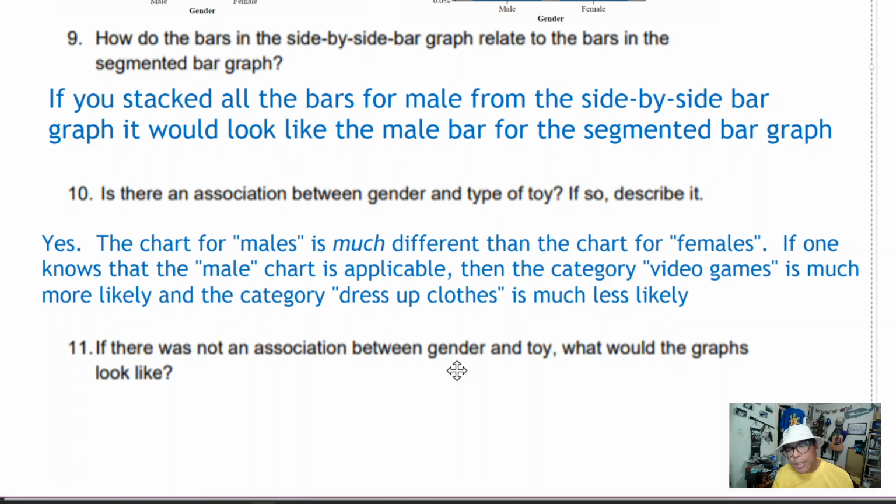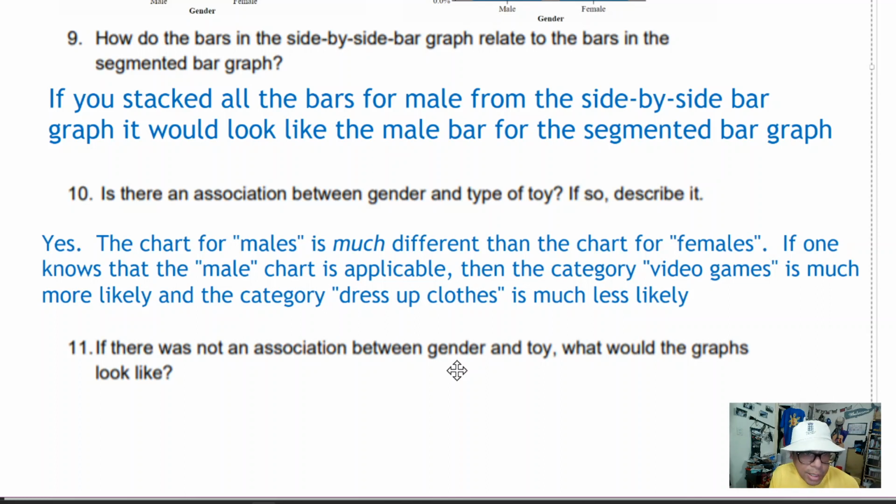A couple of things that we can say to describe this association is we could say that if we know that the male chart is the chart that we're looking at, for example, if we know that a student identified male, then we know that it's much more likely that they're playing video games than if they had identified female.